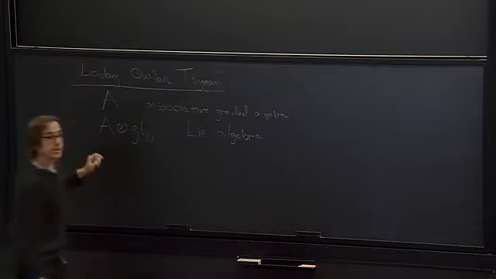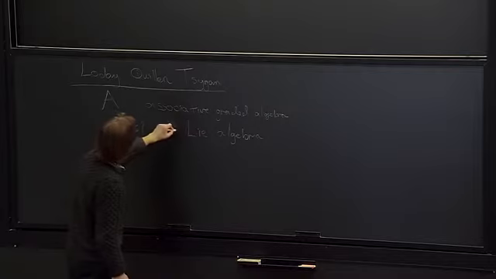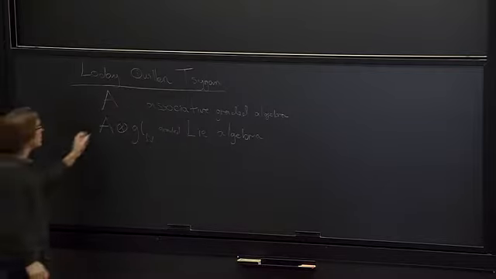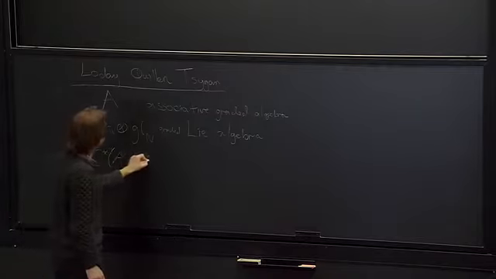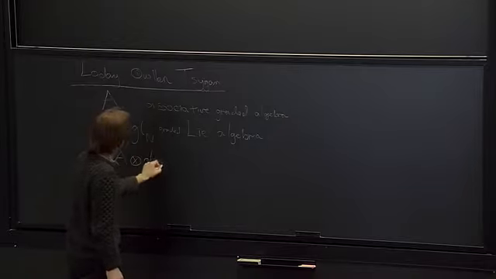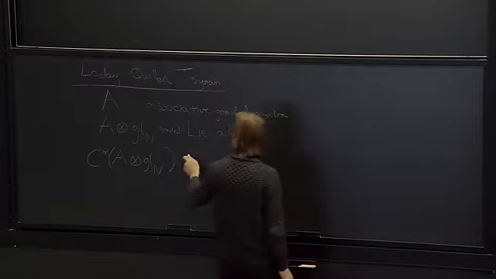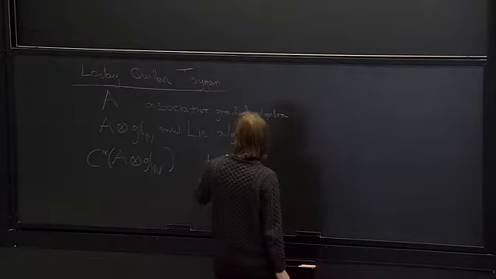Then we can take, again, a graded Lie algebra. It might be Z mod 2 graded, so there will be signs in the commutators. We can consider the cochains of A tensor GL_N. This is a cochain complex, so it's a DG commutative algebra.